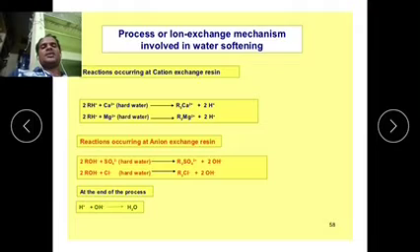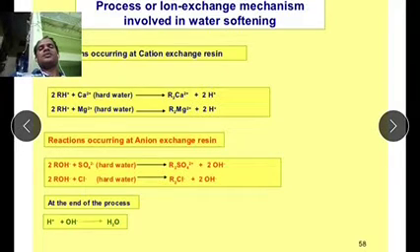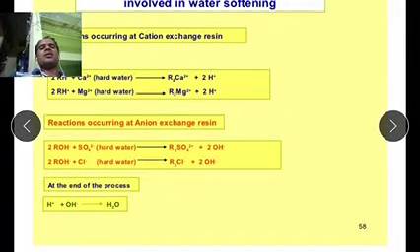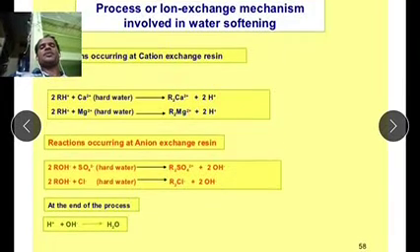The reactions at the cation exchanger are: RH plus Ca 2 plus gives resin calcium, R2Ca, and when the resin reacts with magnesium ions, R2Mg plus 2 H plus. Here it produces H plus ions.